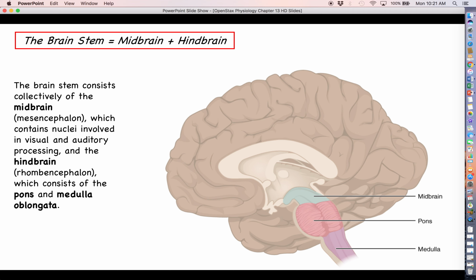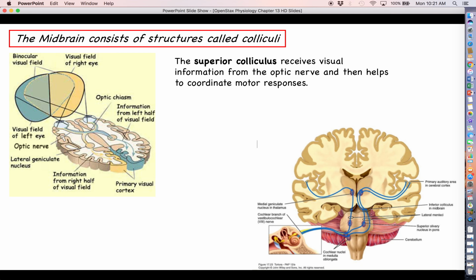And then the hindbrain is going to consist of two exquisitely important structures called the pons and the medulla, which are very important in our ability to regulate things on an autonomic basis. So things like our heart rate, things like our breathing rate, and things of that nature. And we will become more familiar with them as the semester goes along.